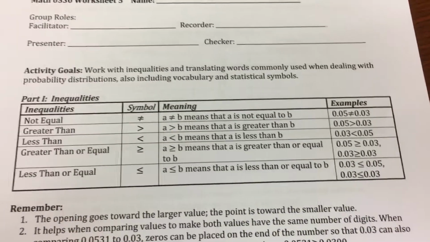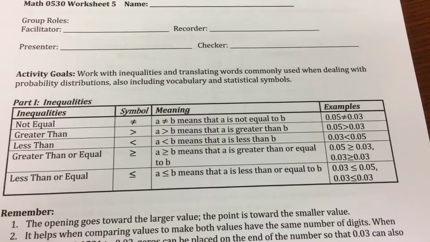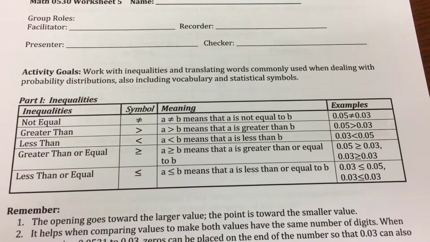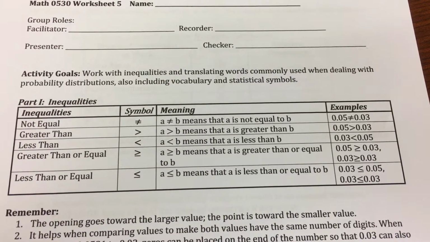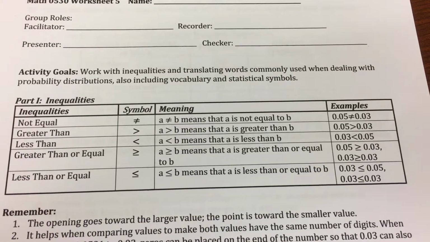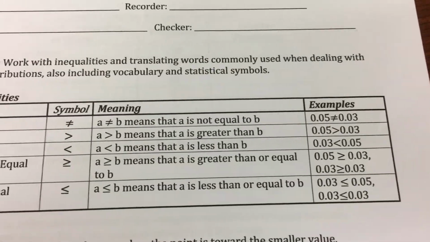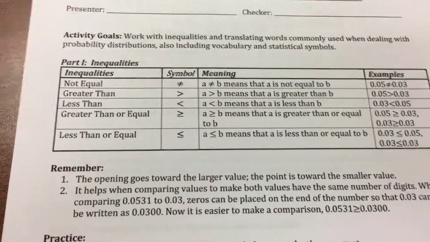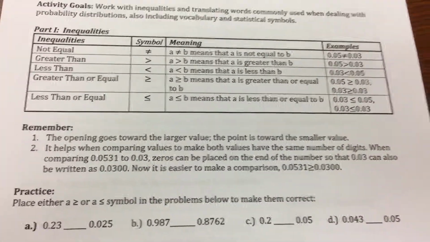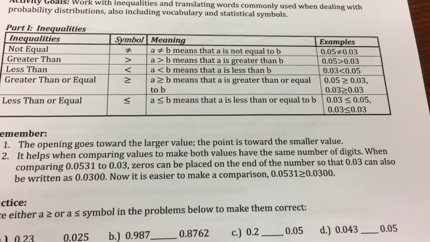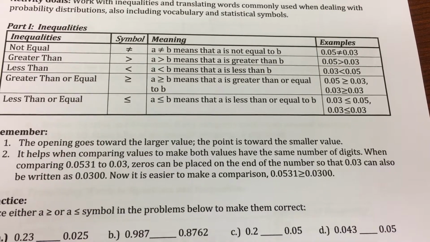So we've placed a table here for your inequalities to describe anything that talks about not equal to, greater than, less than, greater than or equal to, or less than or equal to, and we've given you some examples on the right, so be sure to read through this. There's some reminders here. The opening always goes towards the larger value.